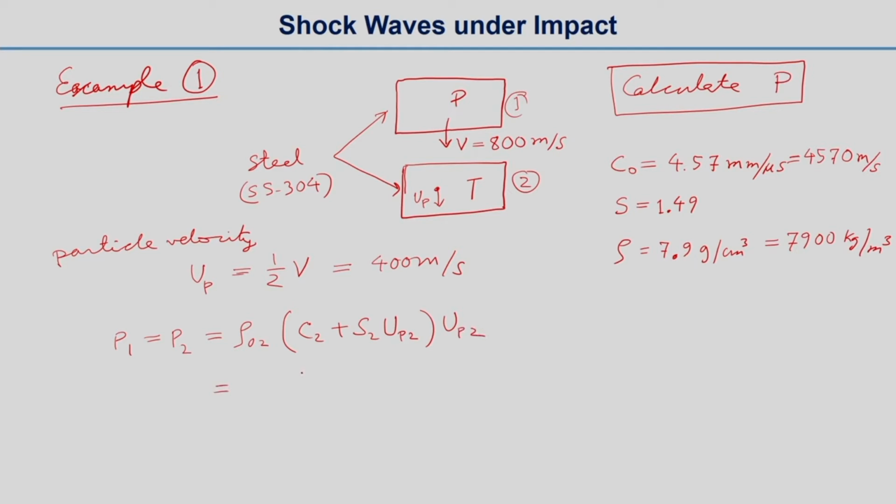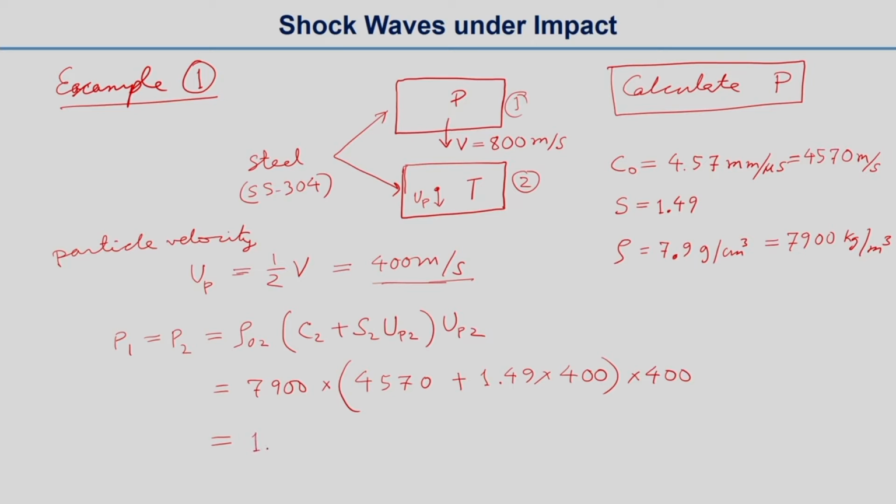In this case the density is 7900, multiplied by C naught 4570 plus S, 1.49 without any dimension, times UP2, which we found as 400 meter per second, and then the whole thing multiplied by 400.